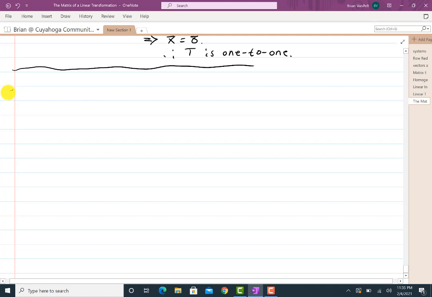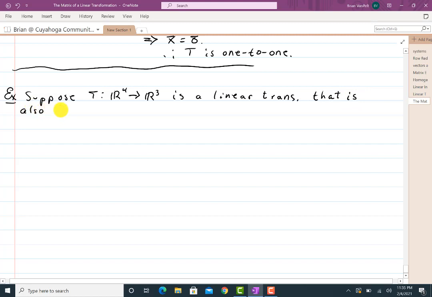As an example, suppose T from R4 into R3 is a linear transformation that is also onto.